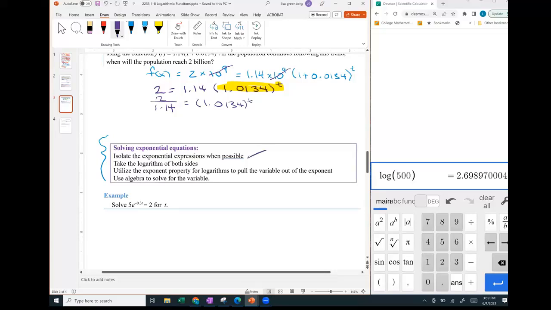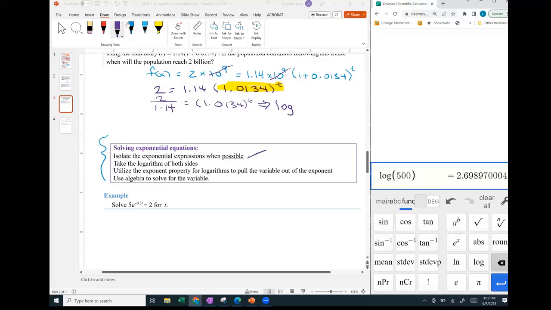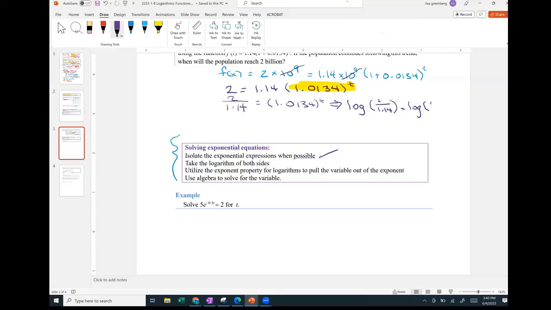So check. Take the log of both sides. And I can use either log or I can use ln. It does not make a difference. But I'm going to use the log of both sides since that's all we've really dealt with so far. And that's going to equal the log of 1.0134 to the t power.